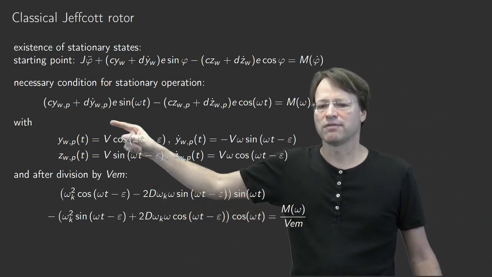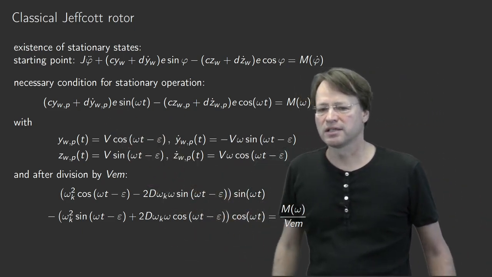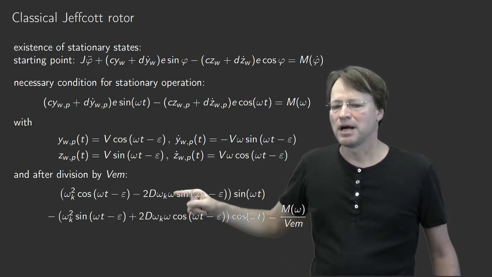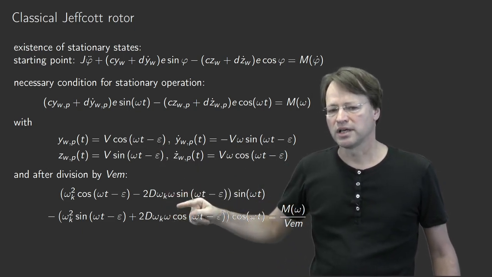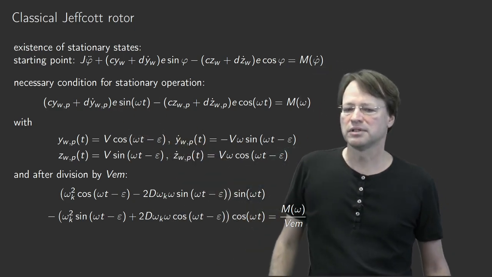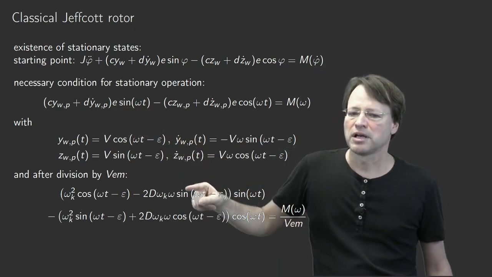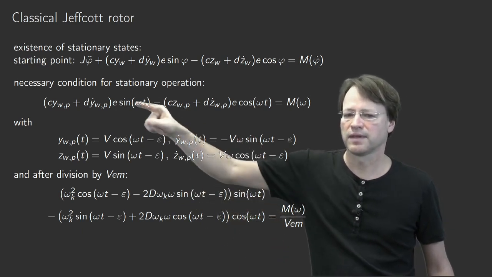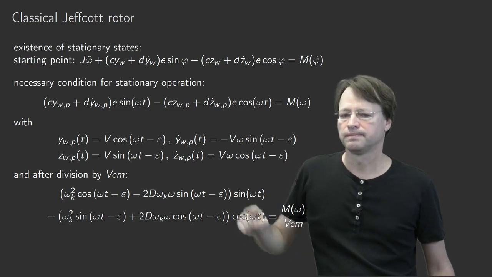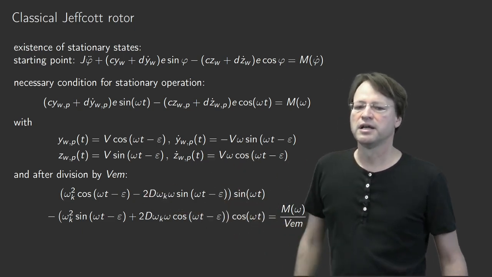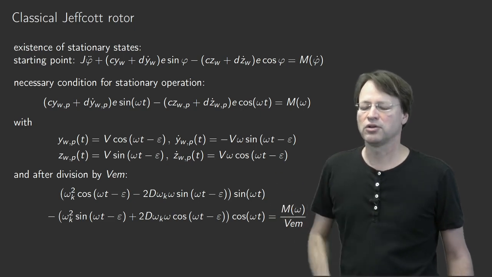You can see we have then omega k squared times the cosine, which sits there, minus 2d omega k omega, which comes from the division of d by m, multiplied with the sine function, which sits here, so y dot, particular solution, and with the negative sign, and we multiply the whole by the sine omega t.